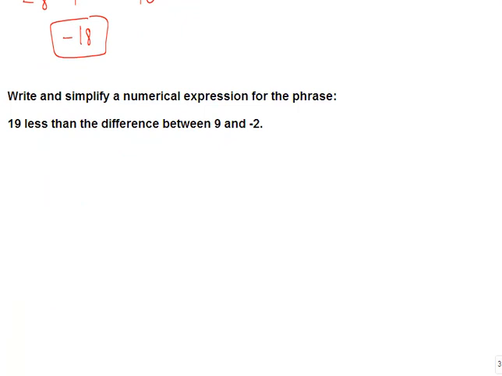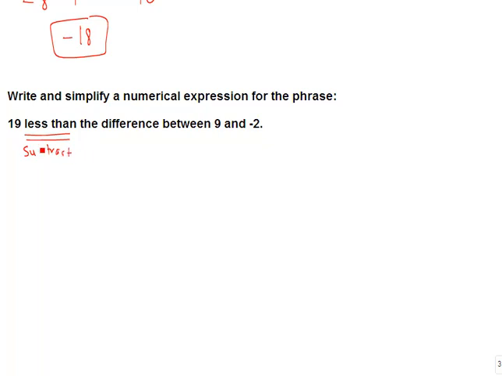Okay, in our last example here, we have another simplification problem and translation problem. Here we want 19 less than the difference between 9 and negative 2. This is a tough problem. Right away you see that phrase less than. It's not is less than, it's just less than, and less than means subtract.